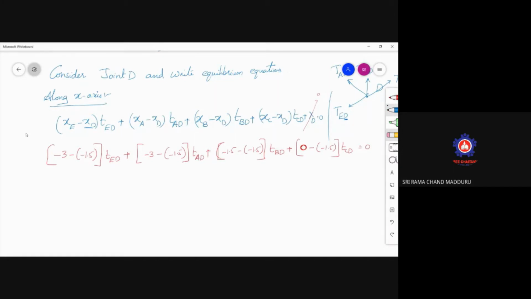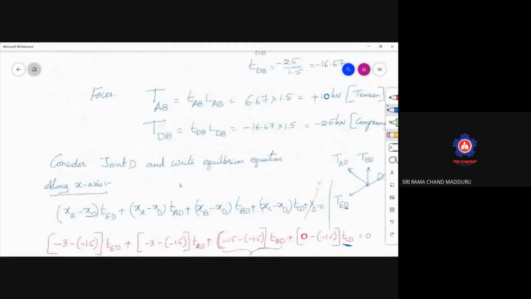Here minus 1.5 plus 1.5 is 0 only. Minus 3 plus 1.5 is minus 1.5. So minus 1.5 into TAD, and this whole term is 0 into TBD, that is 0. Minus into minus, plus 1.5 into the TCD value.